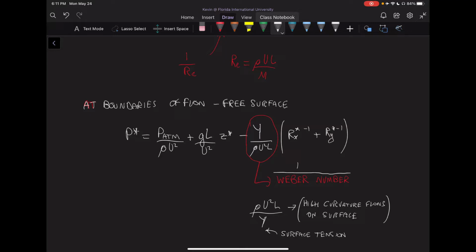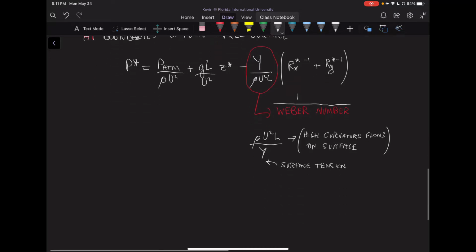This gets pretty complex, and it uses the fact that at the free surface we have some interesting relations, which we looked at a little bit in chapter 4. We also have, for general free surface flow, the Froude number.